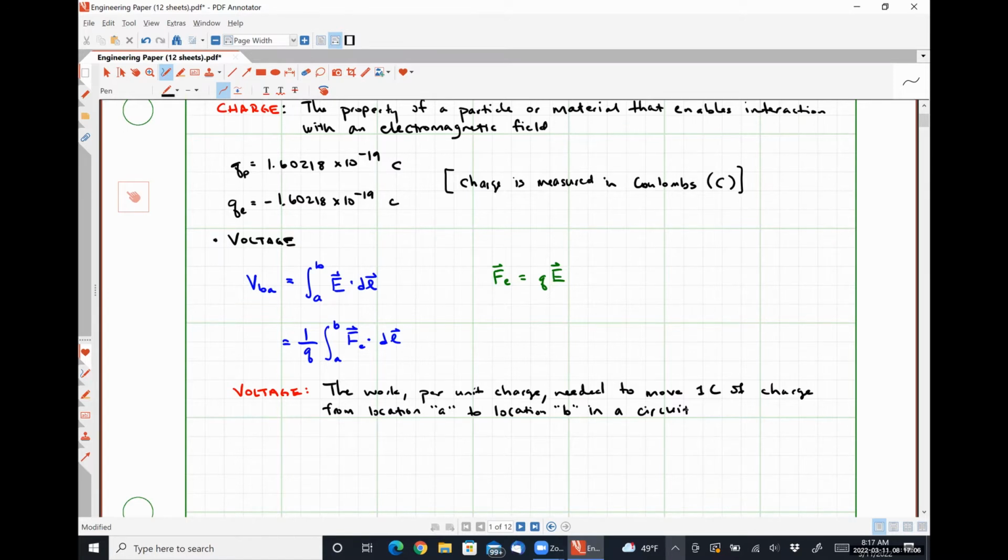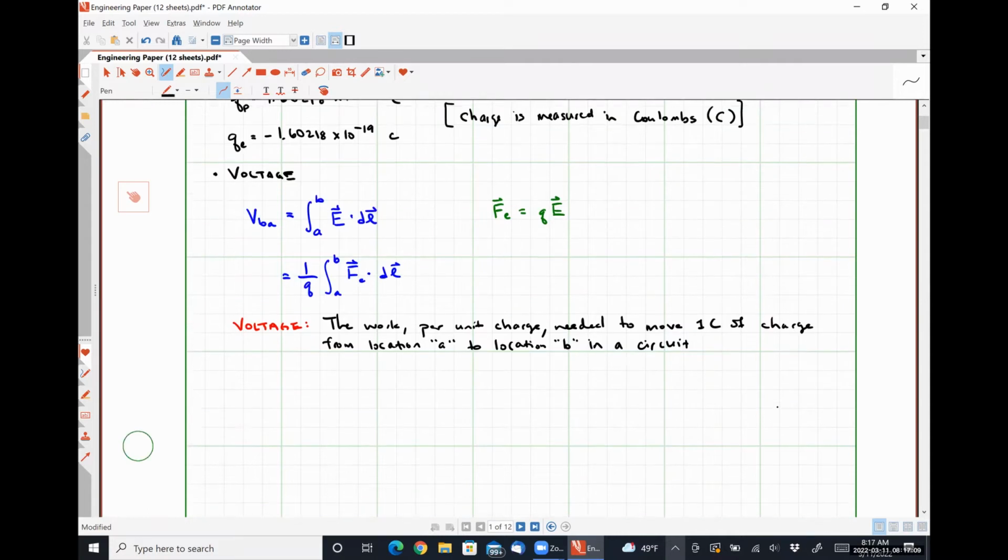So an alternative definition for voltage is simply the difference in electrical potential energy between 2 points in a circuit.